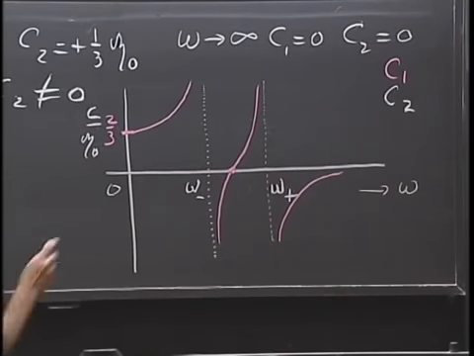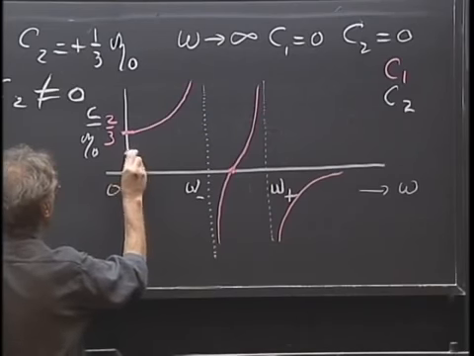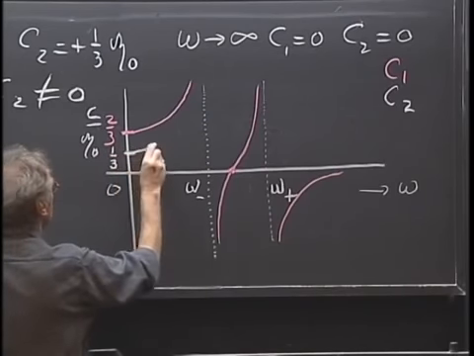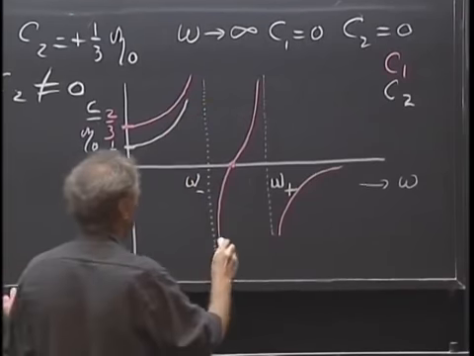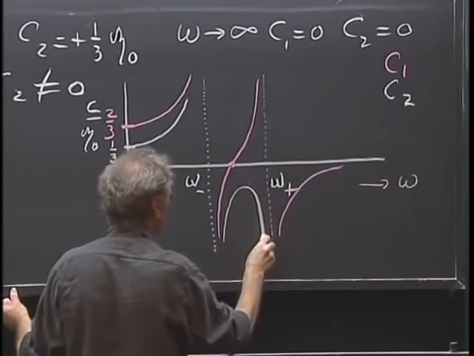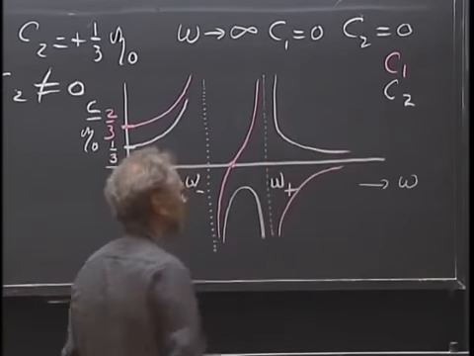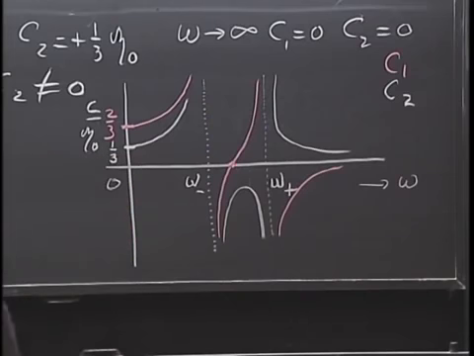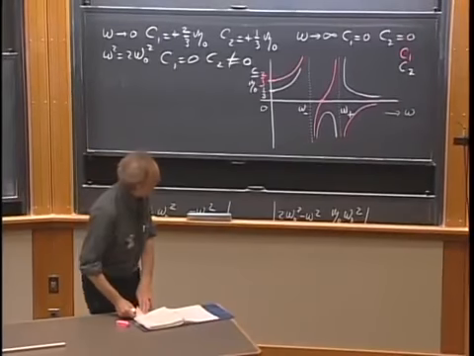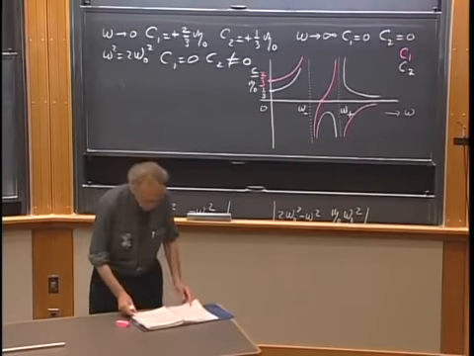And for C2, I get 1/3, and then it goes up, and then C2 something like this, and then I get something like that. Yeah, I can live with that.